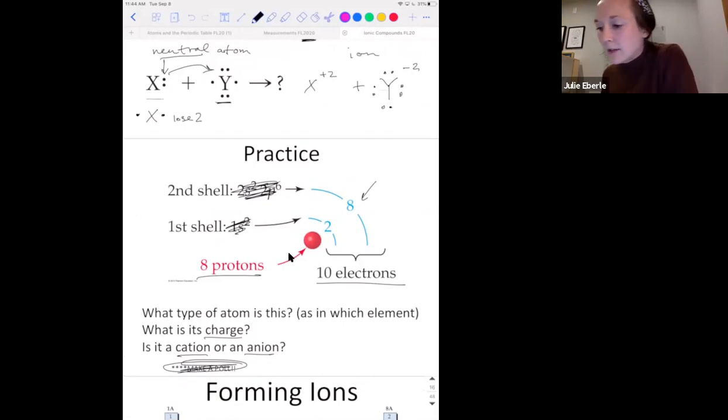I've got plenty of periodic tables in there. What element is this? Which element has 8 protons? How do you identify the element? The number of protons. Okay, so which element? What's the charge? You're going to look at the number of protons versus the number of electrons. Does that make it a cation or an anion? Anybody have an answer for us?